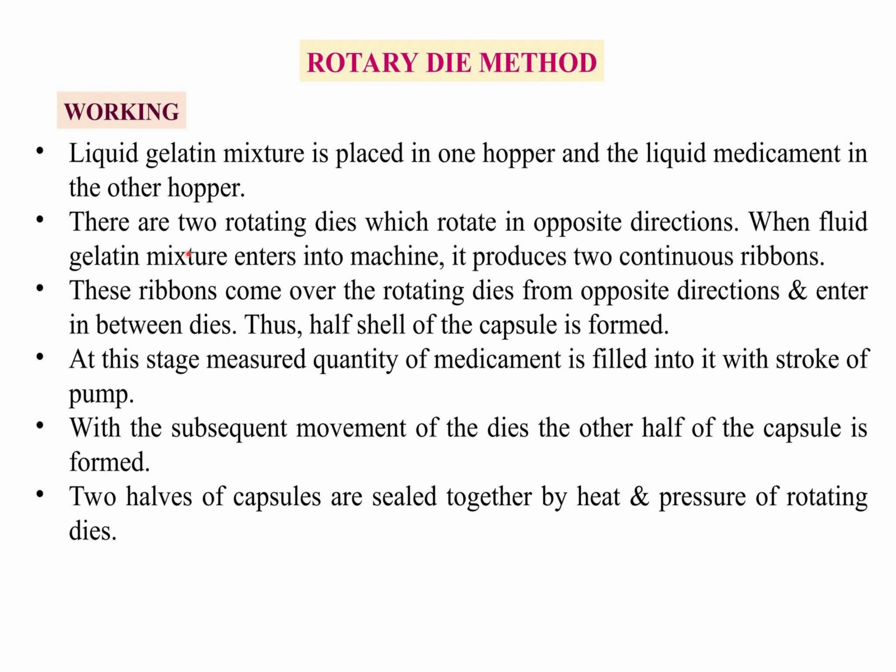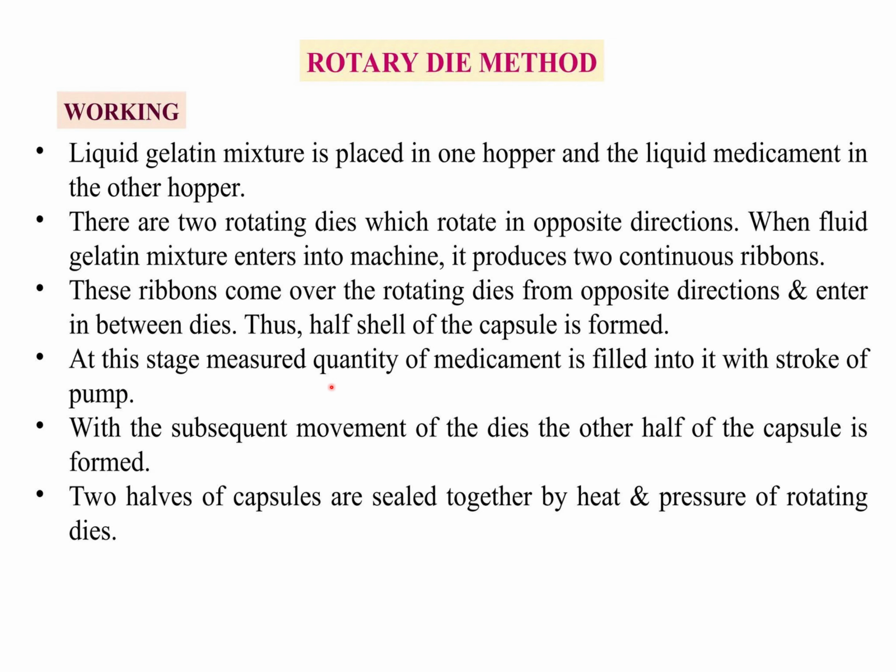Now the working of the rotary die method. Liquid gelatin mixture is placed in one hopper and the liquid medicament in the other hopper. There are two rotating dies which rotate in opposite directions. When the fluid gelatin mixture enters the machine, it produces two continuous ribbons. These ribbons come over the rotating dies from opposite directions and enter between the dies. Thus, the half shell of the capsule is formed.